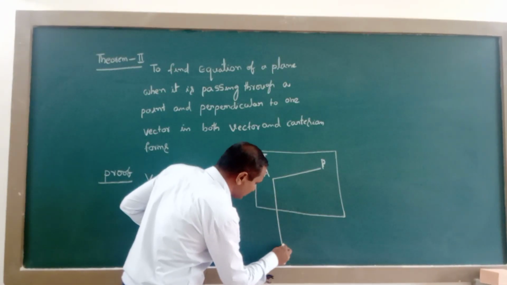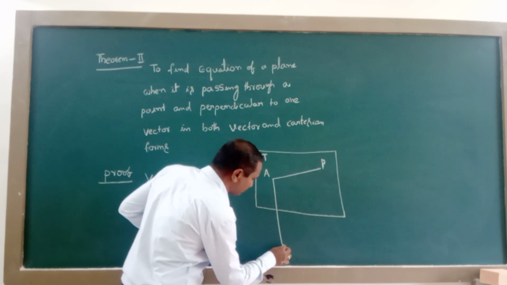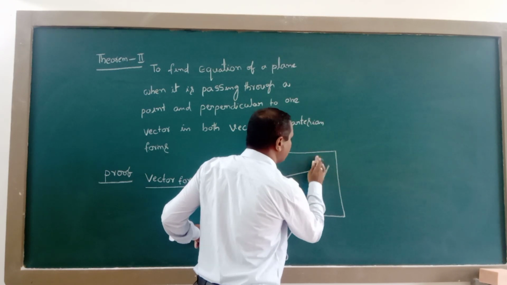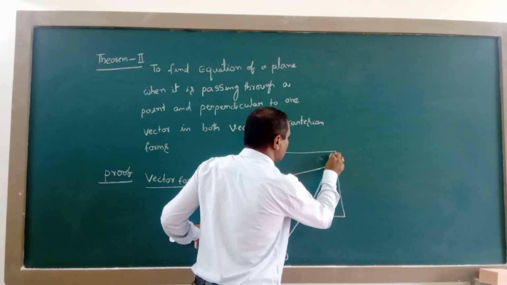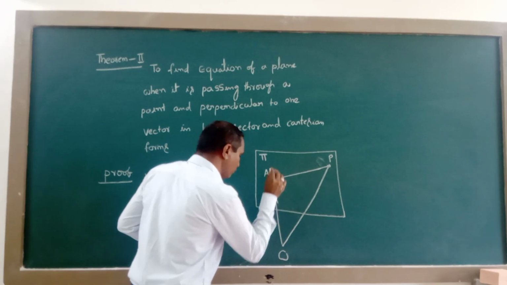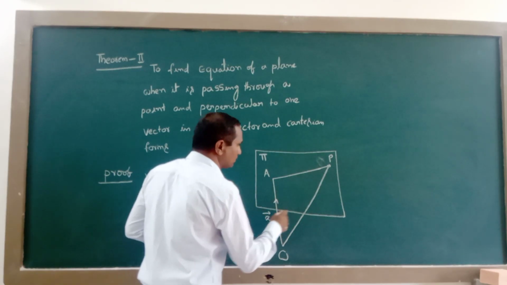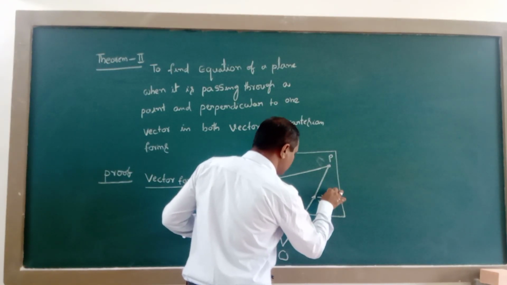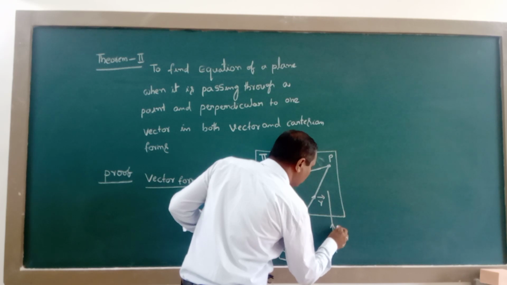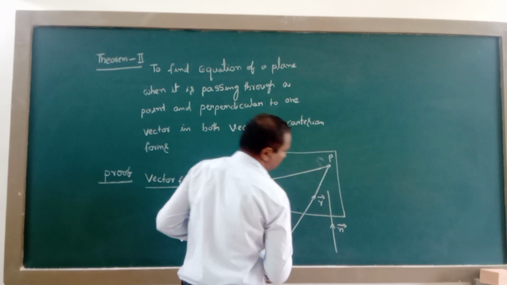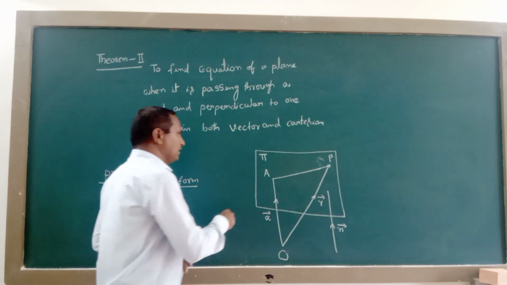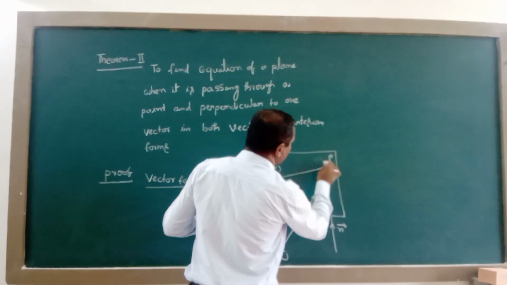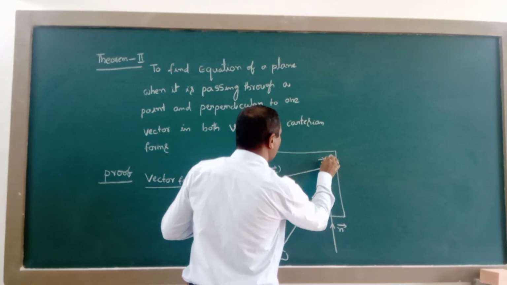O is a fixed point, and join up to OP. That is, OA vector is small letter a vector and OP vector is small letter r vector. At the same time, it is perpendicular to one vector, n vector.